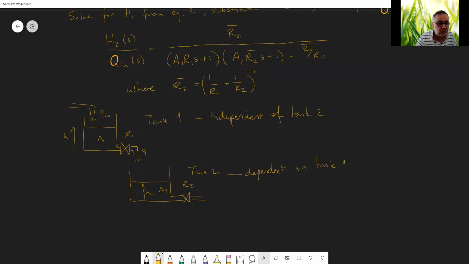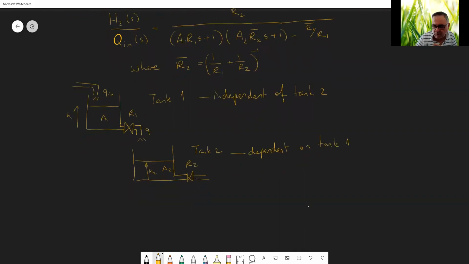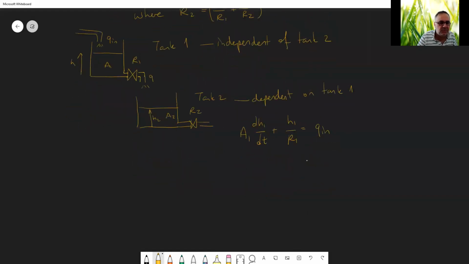So the equations show this. Let's just use A1 dH1/dt plus H1 over R1 is equal to Q in, will be our first equation.